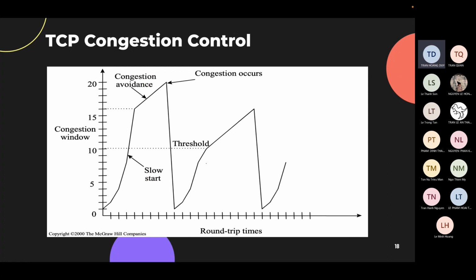This is how the TCP congestion control works, based on every unit of congestion window to every unit of round trip time. And let me explain clearly to you guys about this graph. Next slide.